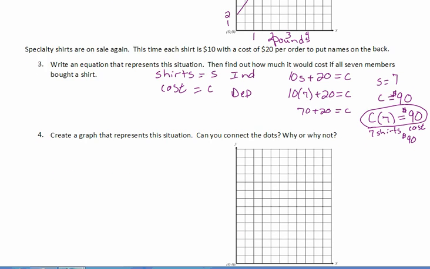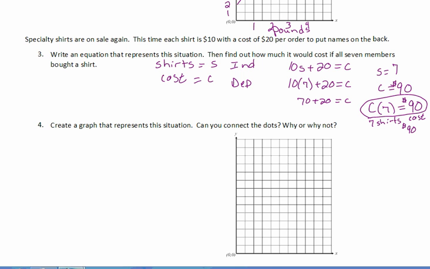All right, we are supposed to create a graph that represents the situation. Again, we're dealing with shirts down here, and we're dealing with cost. Let's just go ahead and do 4 and cost.